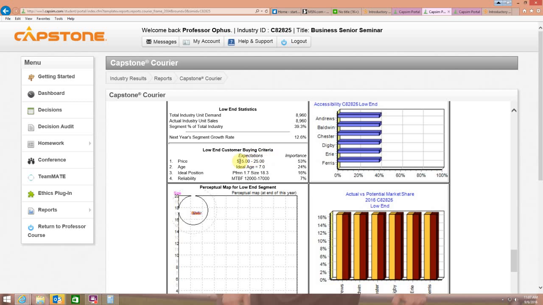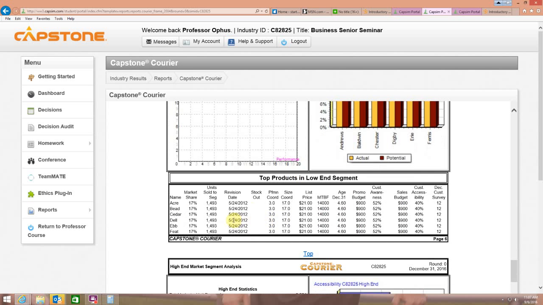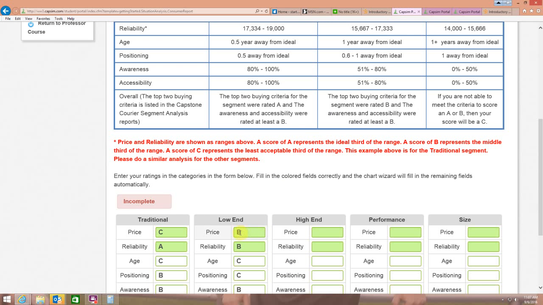So the lower third would obviously be $18.33. And then from there to $21.66 or 67 cents would be the middle third, and above that would be the top third. Well, where am I at? I'm in the middle third because my price is 21 bucks, and so I put in a B.